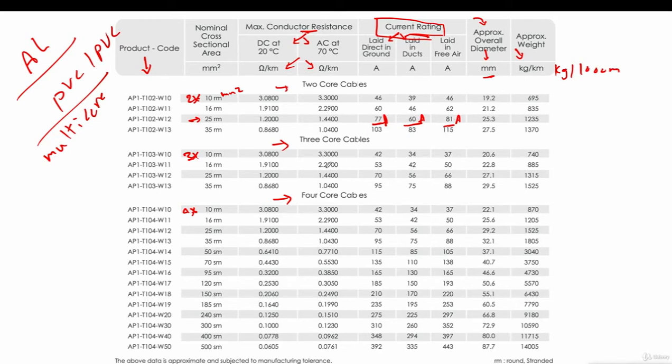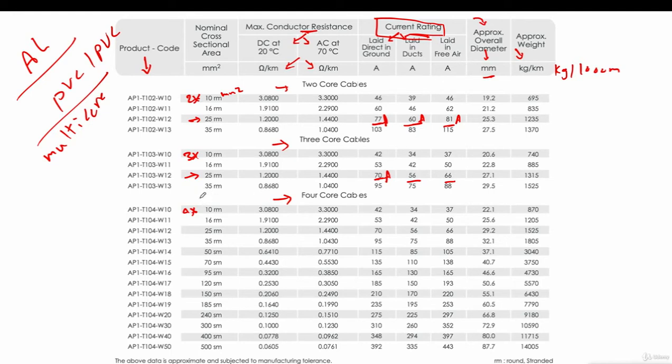For the same cross section but with three cores of 25 square millimeters, it can load up to 70 ampere laid direct in ground, and 56 amperes laid in duct, and 66 if laid in free air.